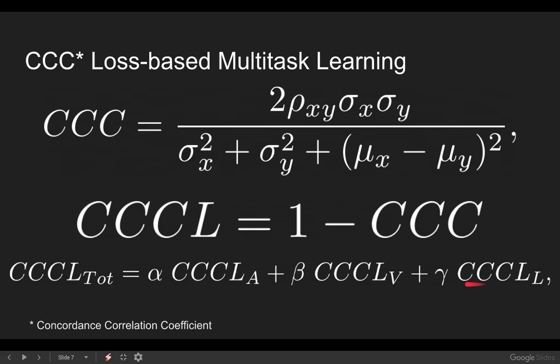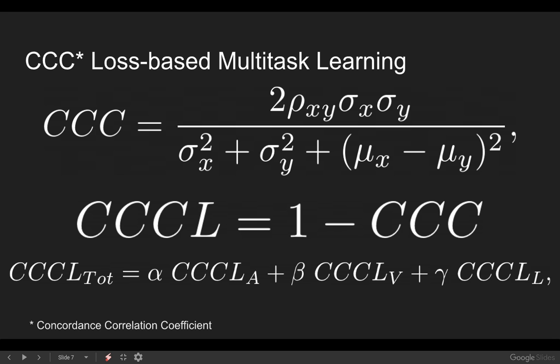And we give each dimension a weighting factor, for example, alpha for arousal, beta for valence, and gamma for liking. And we sum up those three CCC losses to get the total loss. So this is the heart of the MTL, or multitask learning, approach.